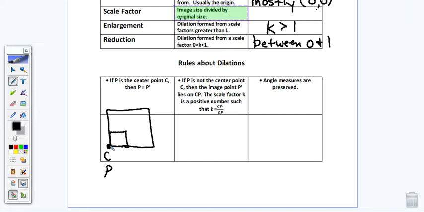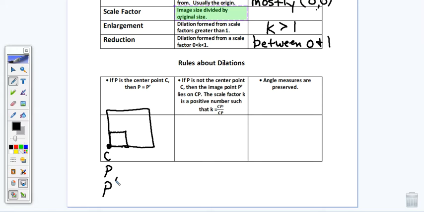It's simply saying this: if one of my vertices of a shape is on the center, or point C, then this point C is the same as the point P, which is also the same as the point P prime. If this is my center of dilation and one of my points of the shape is on it, these 3 points are the same exact coordinate.